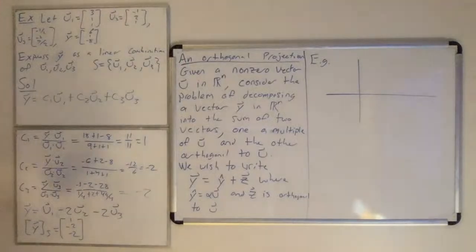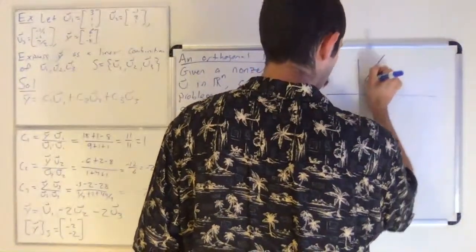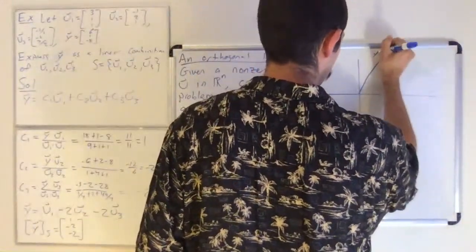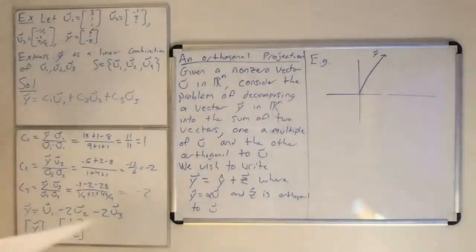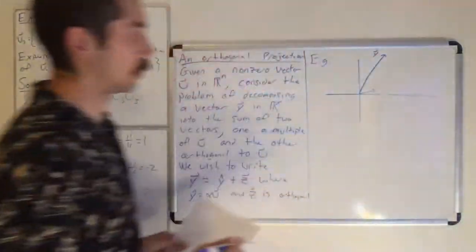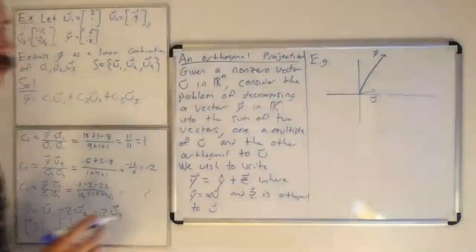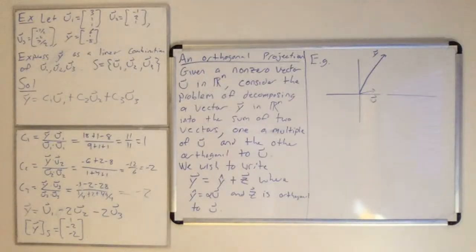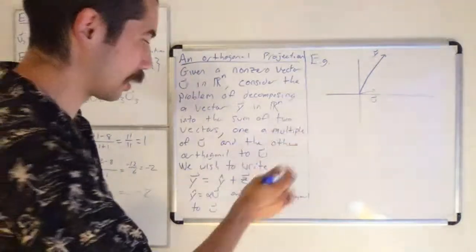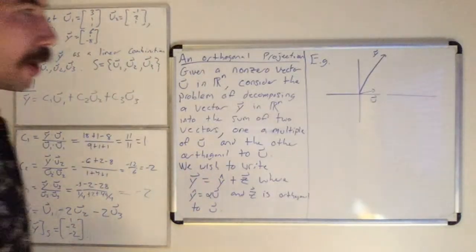So let's say we're in R2. It's easiest to draw in R2. And let's say that y is this vector up here. And we'll say that u is the vector here. So we haven't really done anything; this is just the problem we're trying to solve.